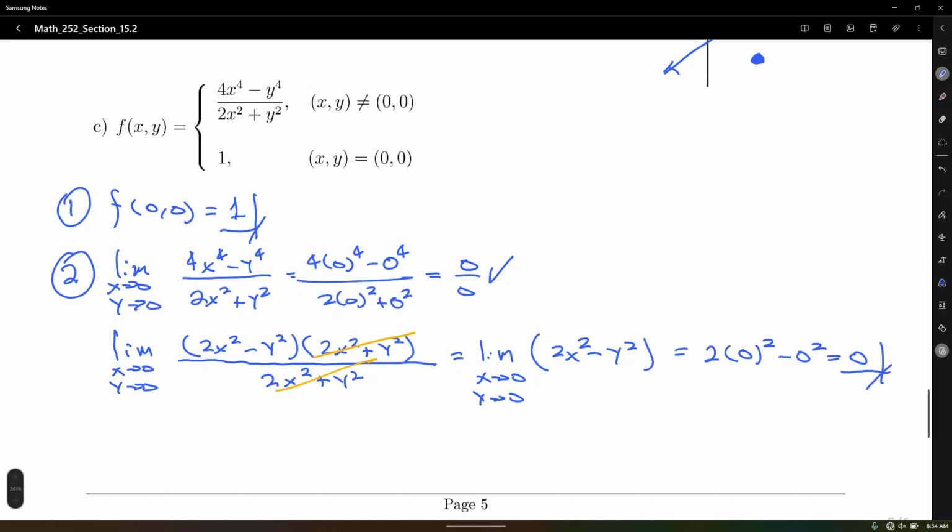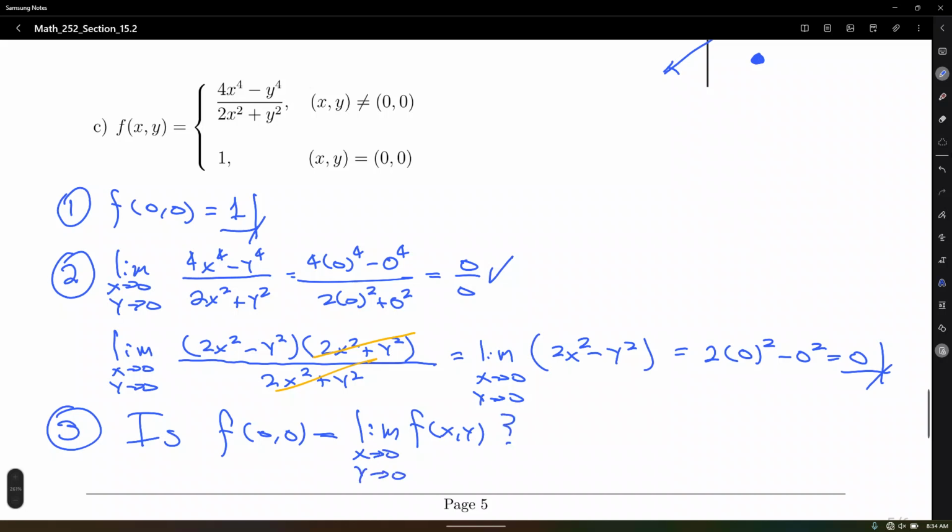Now we need to check the third condition. Number 3: is f of 0, 0 equal to the limit of the function f of x, y as x approaches 0, y approaches 0? Is this statement true for this case?